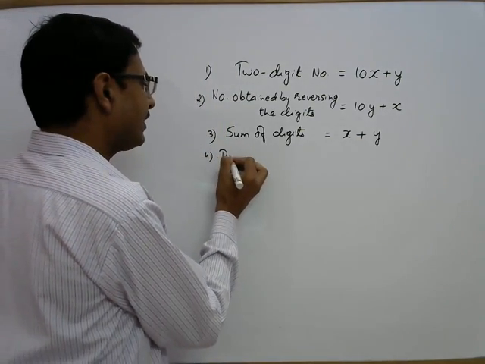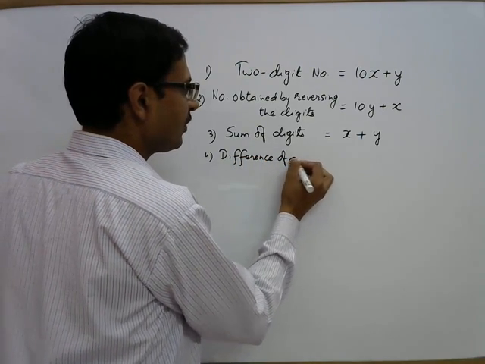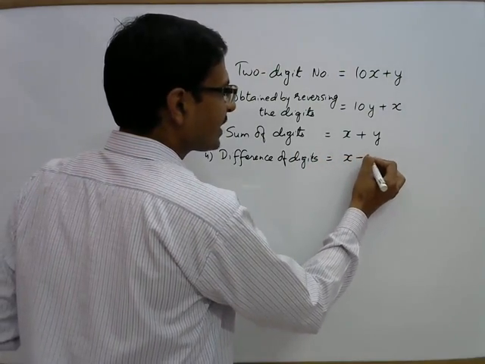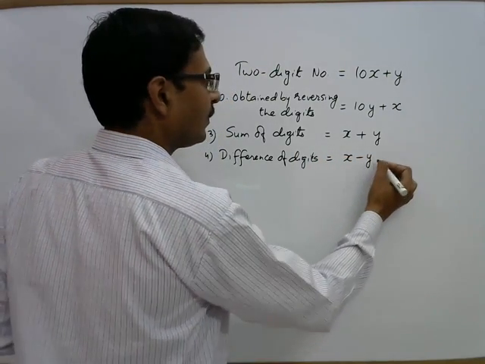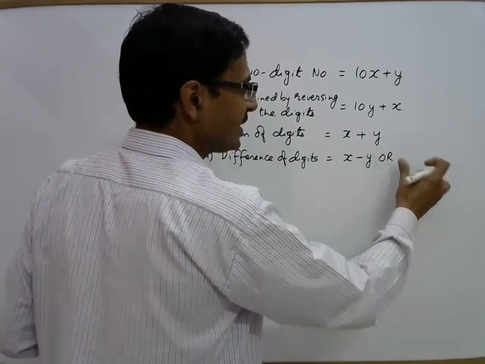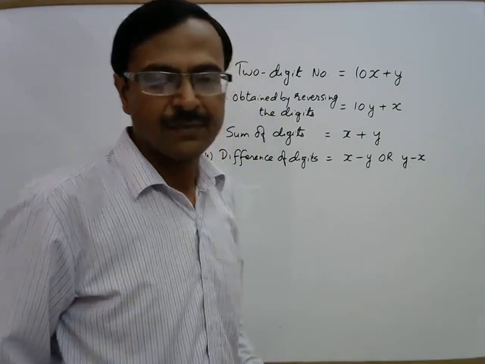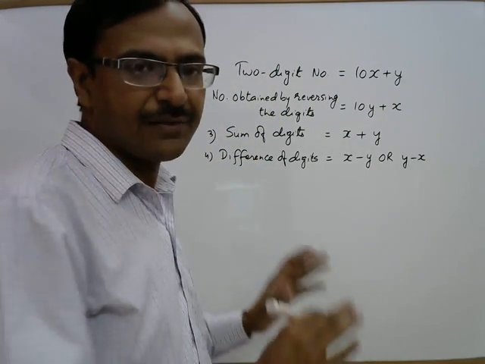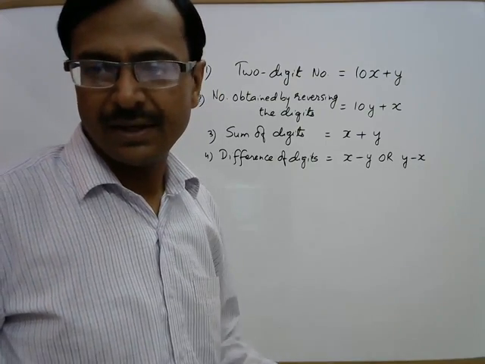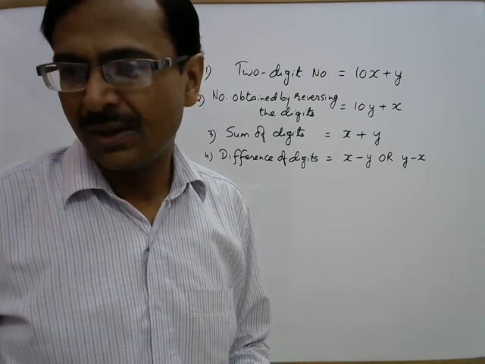Similarly, when you are given the difference of digits, then the difference of digits is either x minus y or y minus x, depending on which digit is greater. If x is greater, then the difference is x minus y, and if y is greater, then the difference is y minus x.